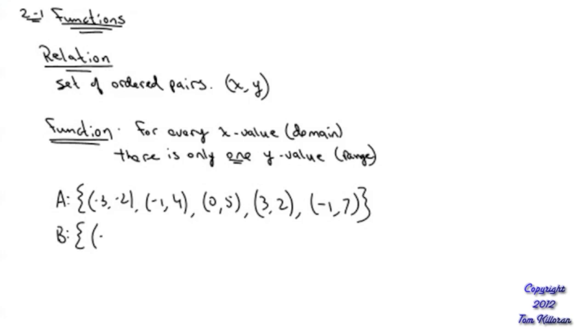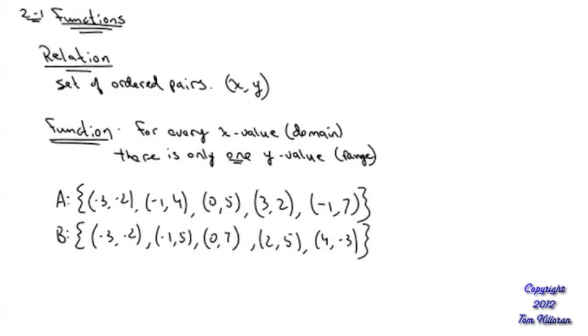Let B be (-3, -2), (-1, 5), (0, 7), (2, 5), (4, -3). One of these is a function, the other one is just a relation. They're both relations off the bat, but one is specifically a function and the other is specifically just a relation. Which one's which? A is not a function, B is.